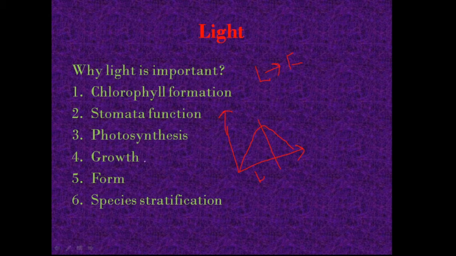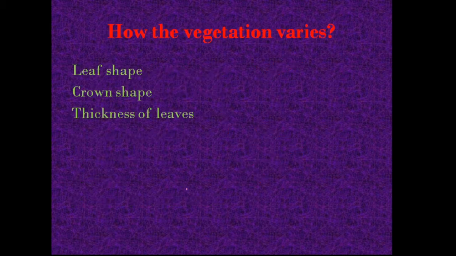Alright. So, next is how the vegetation varies when the amount of light received varies. For that, let's look at this picture. So, this is a desert region and this is a temperate region, right?